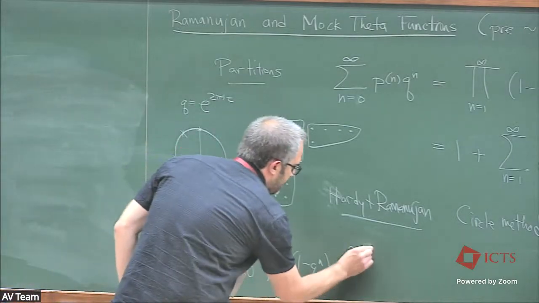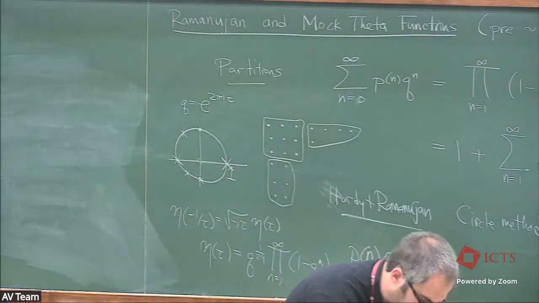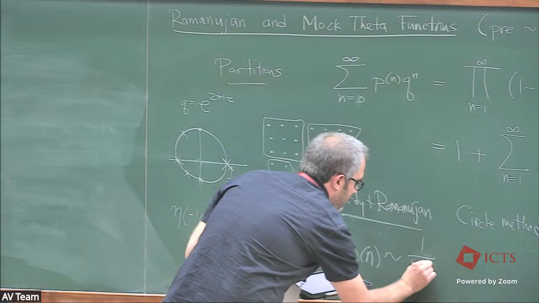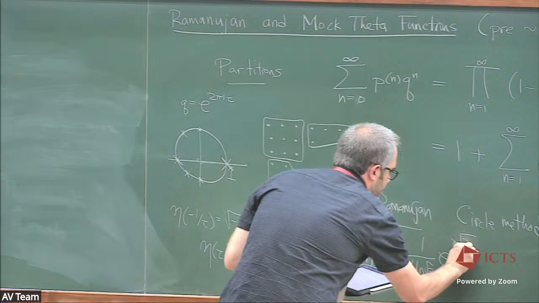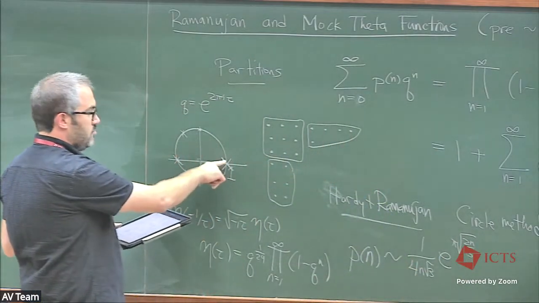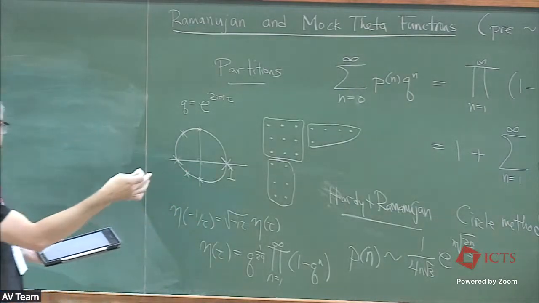And what you end up getting is that P of n is asymptotic to, I definitely don't have this memorized, 1 over 4n root 3 times e to the pi root 2n over 3. And that's if you just consider this really big pole. And then you can keep going and you can get more and more lower order terms.